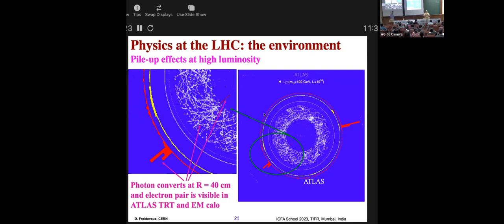But you have to do much more validation work to use it, to prove that it doesn't distort your physics result or produce false positives or whatever signals. You have to do much more work than if you use simpler things. So we start to use it now in the reconstruction of the detectors or the identification of particles, but it's not mature yet. For it to work with pile-up, it requires a lot of work.